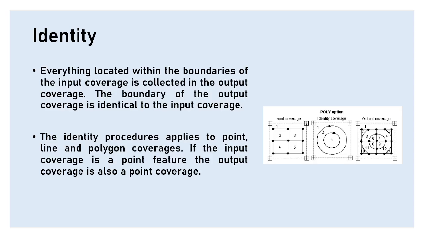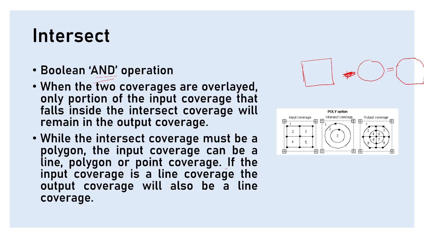Then we have the identity. Here, everything which is located within the boundaries of the input coverage is collected in the output coverage. So here, the importance is given to whatever is there. Like earlier, if you take a look at this outer portion, this portion, and this portion was removed from the input coverage.